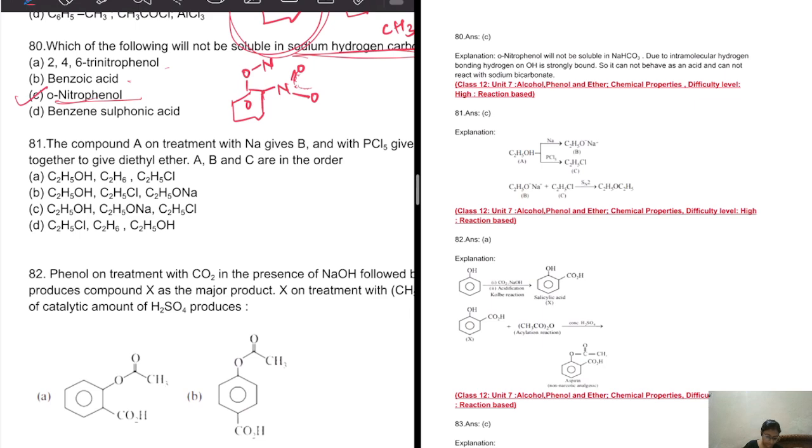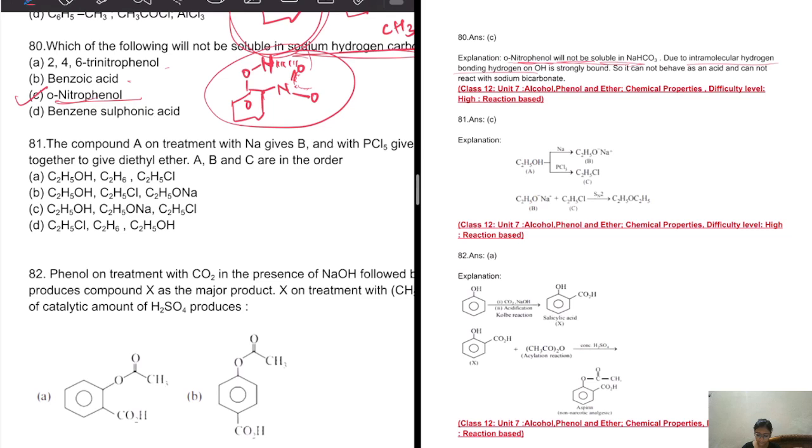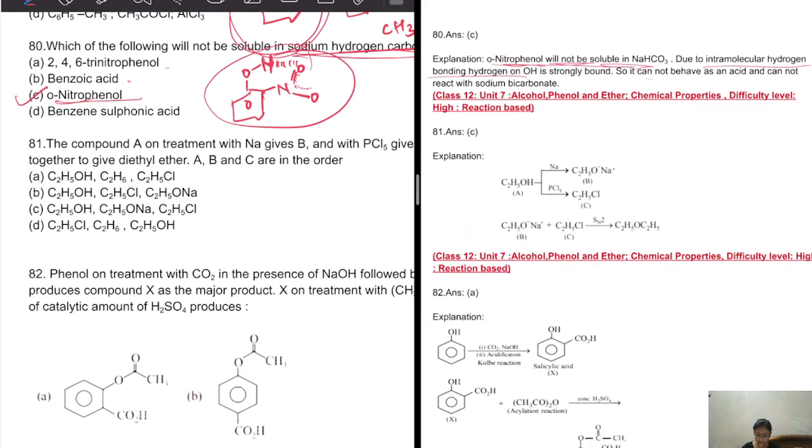It's resonating. So this is H, and we have this bonding here. So this is very strong intramolecular hydrogen bonding. So this will not break and dissolve. The correct answer would be C. The orthonitrophenol will not be soluble due to intramolecular hydrogen bonding, so it cannot behave as an acid and cannot react with sodium bicarbonate.